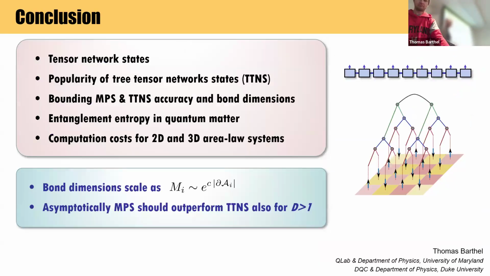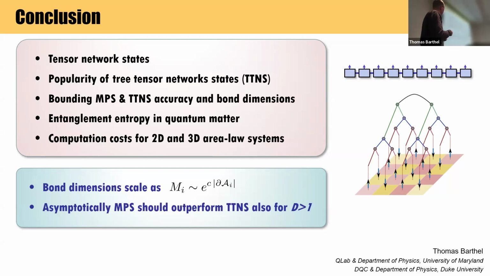All right, I want to conclude. We talked about tree-tensor network states, which are a nice variational approach to study quantum many-body systems. I flashed by a lot of examples of people using tree-tensor networks to study 2D or even 3D systems. We connected the MPS accuracy and bond dimensions to the Schmidt spectrum and also the Renyi entropies.